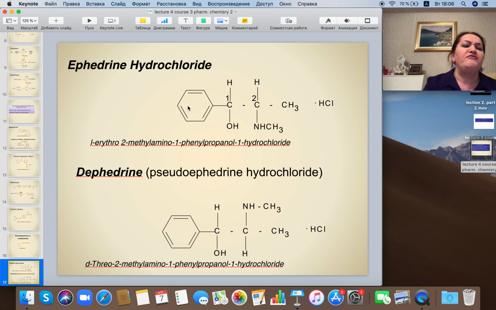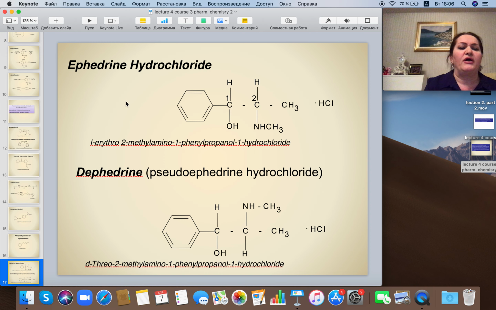phenylalkylamines is ephedrine hydrochloride. Ephedrine is an alkaloid which we obtain from the plant Ephedra monosperma. This alkaloid belongs to the non-heterocyclic alkaloids, because at the base of the structure is a phenyl group, and ephedrine belongs to the aromatic group of preparations.